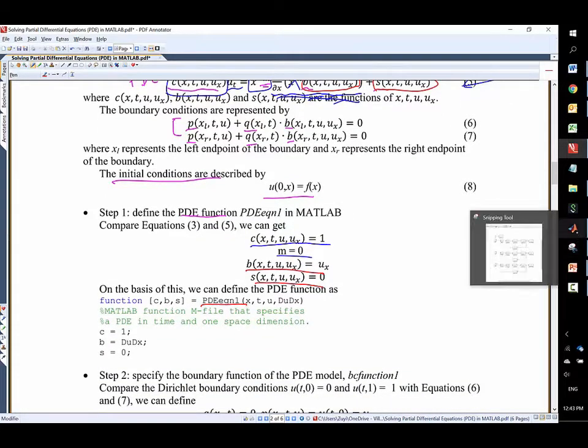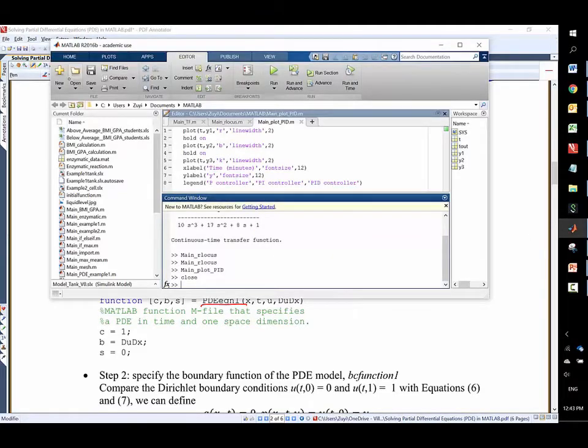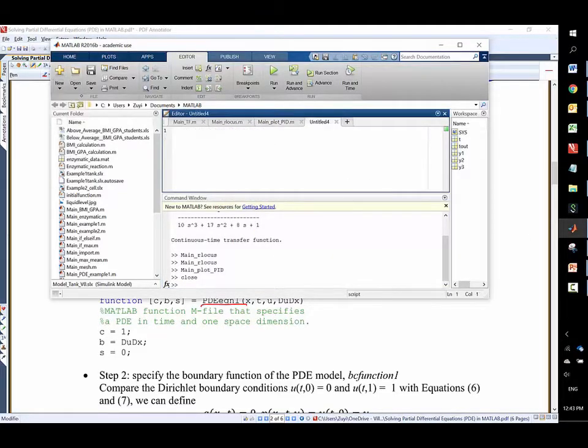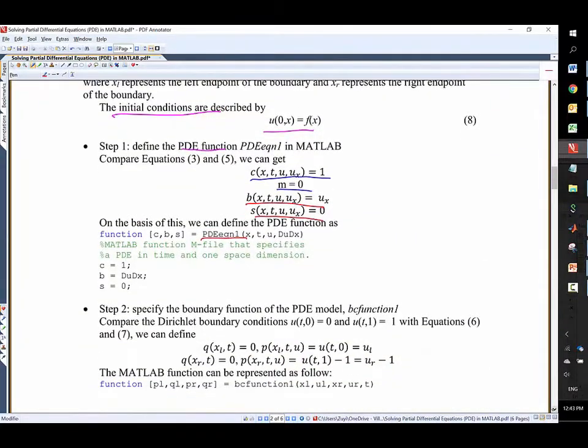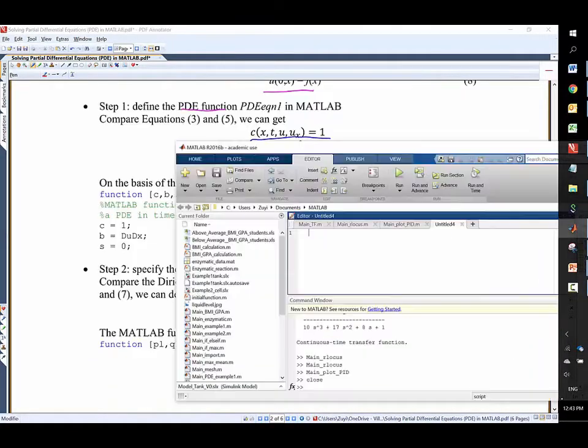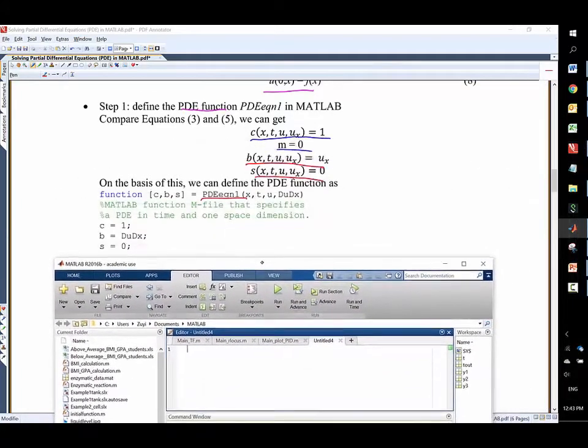And then we can build the function for the PDE. Let's work together. We open a new script and type the function, and remember you need to save the function with the same name as the document. So we get function [c,b,s] equals PDE equation 1, and the inputs are x, t, u, du, dx.